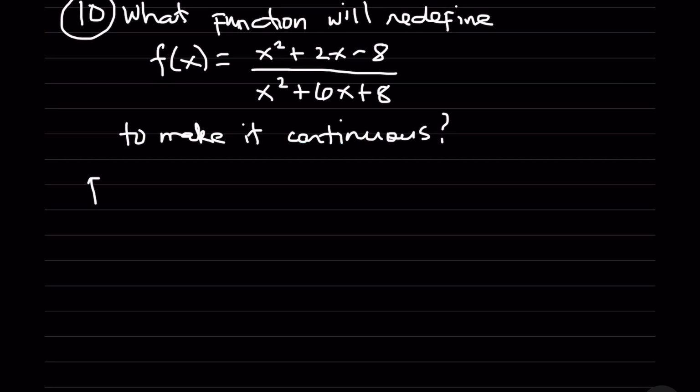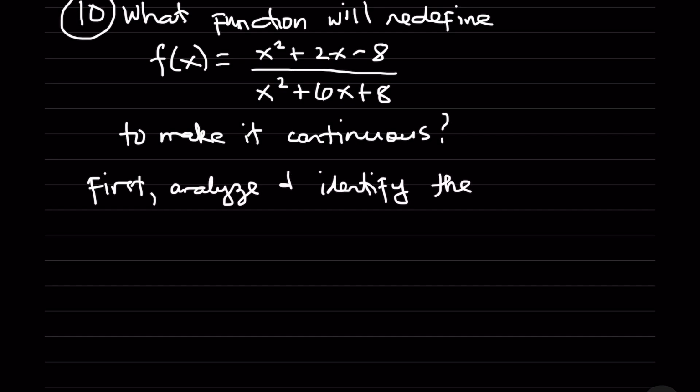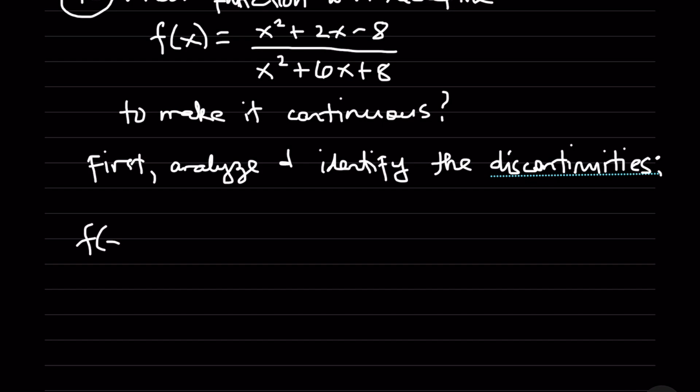To solve this problem, we analyze the function first so that we can identify the types of discontinuities that are present in this function. So we can write the original function as follows.